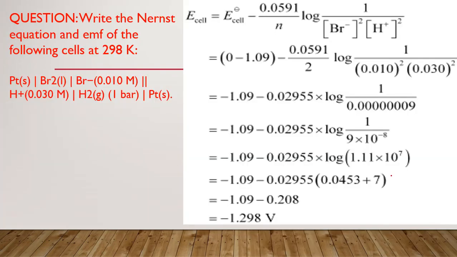Write the Nernst equation and EMF of the following cells at 298 Kelvin. See, platinum, bromine. Bromine is the liquid here. Bromine undergoing reduction. Then H plus also undergoing reduction. How are two undergoing reduction? It's a cell notation, right side one is reduction, left side one is oxidation.